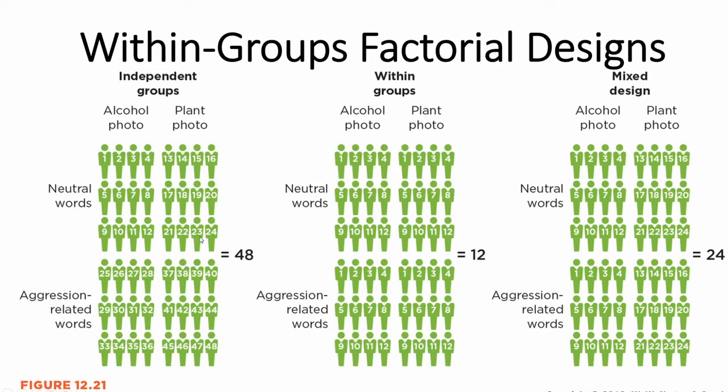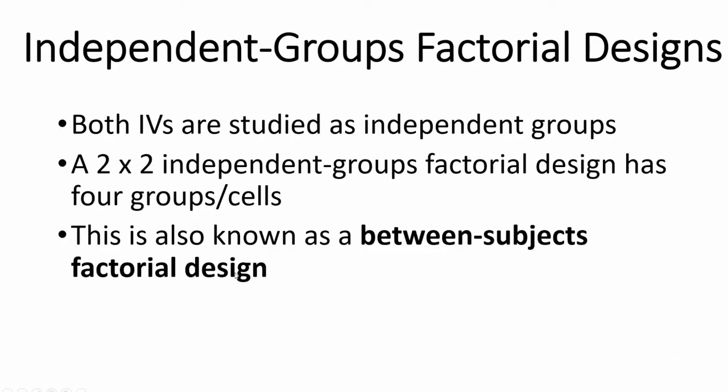We would have an additional 12 individuals in the plant photo, then neutral words, and so on and so forth, giving us 4 independent groups of 12 people, so 48 people total. So this could also be known as a between subjects factorial design.